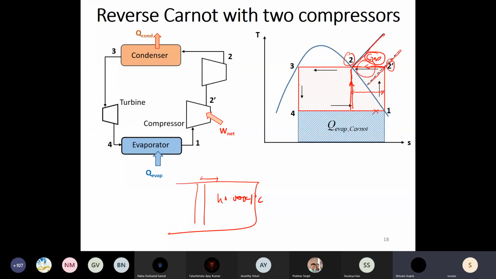So at a finite speed, you will see that the gas is continuously getting heated as you compress. And you cannot have the reversible isothermal process. There will be a delta T. That delta T will lead to cooling of the gas inside this compressor, but you are no more in this reversible isothermal line.